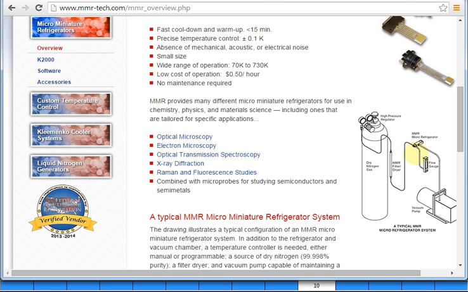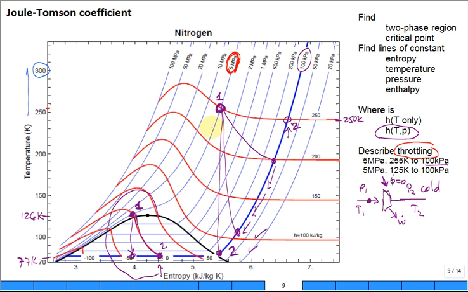Now, it's a lot better if you can somehow cool the nitrogen at high pressure and then expand it. So maybe put in a vapor compression refrigeration system to cool it, then expand it, right? Just go back to this diagram here. If I can cool this some at high pressure, I'm going to have a lot better effect of the Joule-Thomson coefficient as I go through isenthalpic expansion.